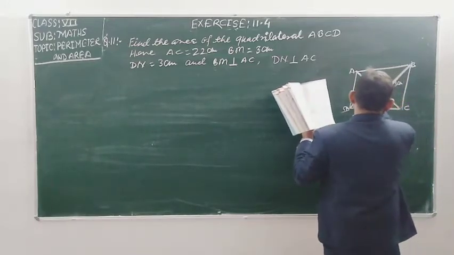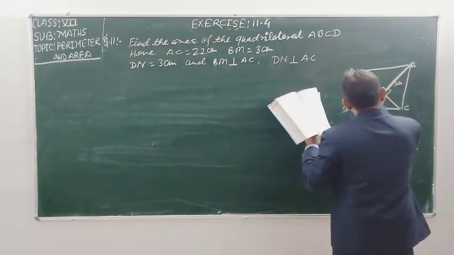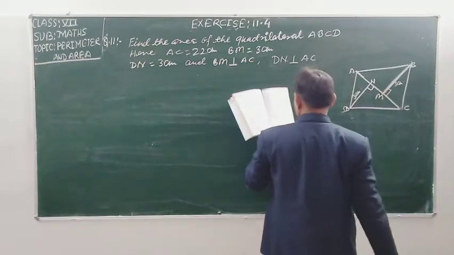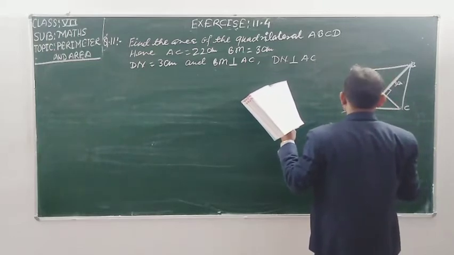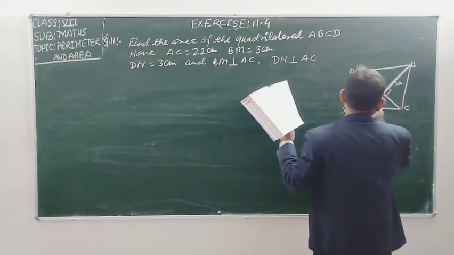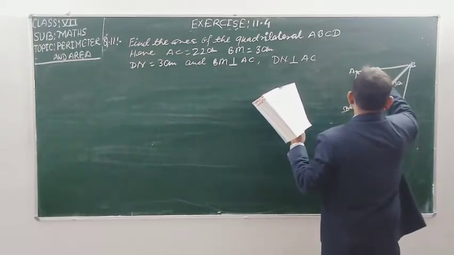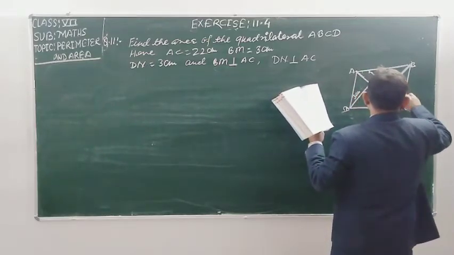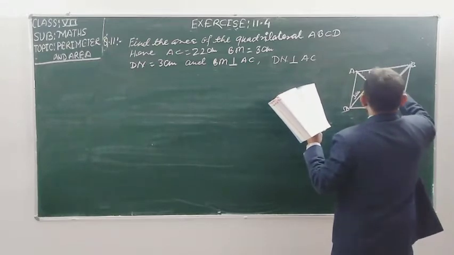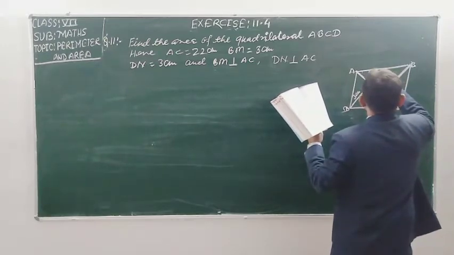This is a 90-degree angle and this is a 90-degree angle, because both are perpendicular to AC. And AC is equal to 22 centimeter.